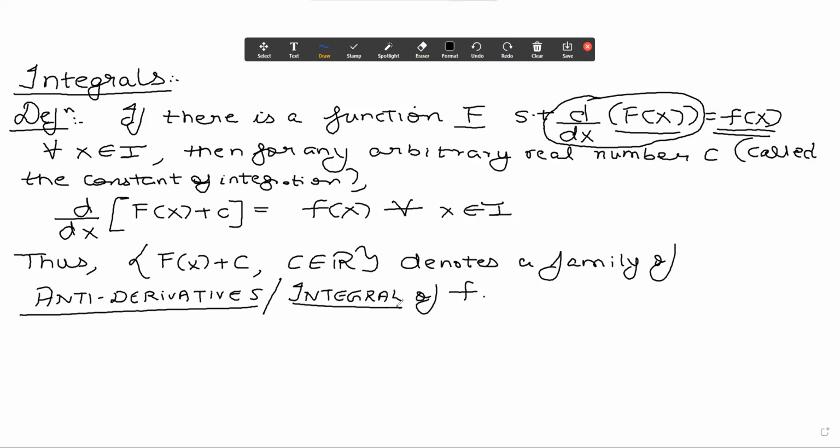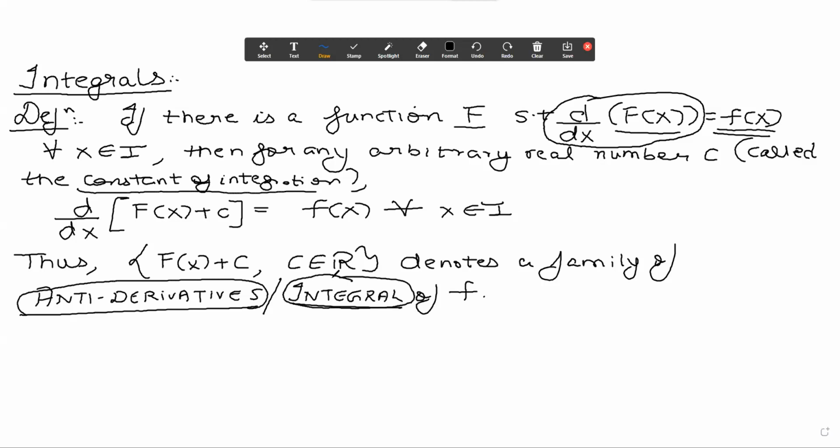So I once again repeat, if you have a function capital F of x and if you differentiate capital F of x with respect to x and you get small f of x, then capital F of x plus C, where C is called the constant of integration, is called the antiderivative or the integral of the function small f.